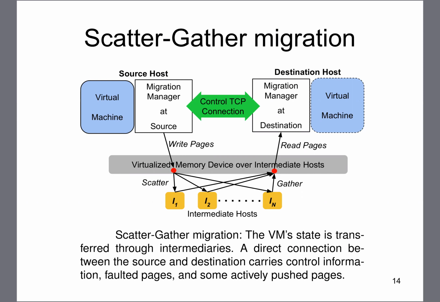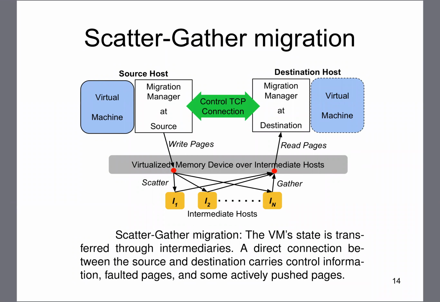What it can do is it can scatter the VM out to some intermediate nodes. So there may be many machines in the network. You can take the VM, break it up into pieces, and send it to many other nodes in the network. And at the destination, you can gather the VM from all these intermediate nodes. It's called scatter and gather. The source scatters the VM, and the destination gathers the VM.